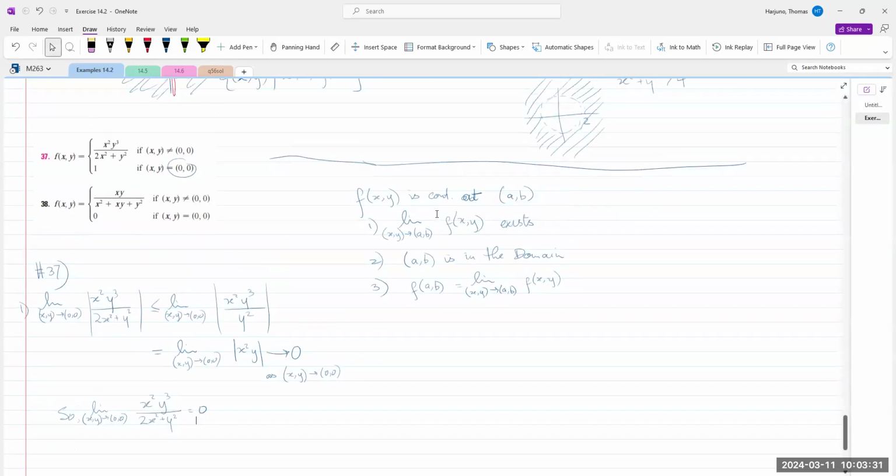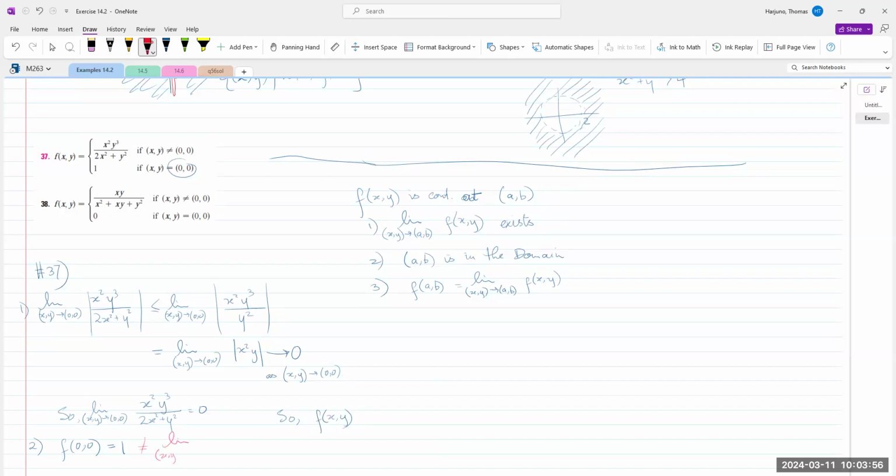Unfortunately, step 2, f(0,0) is 1, which is not equal to the limit.